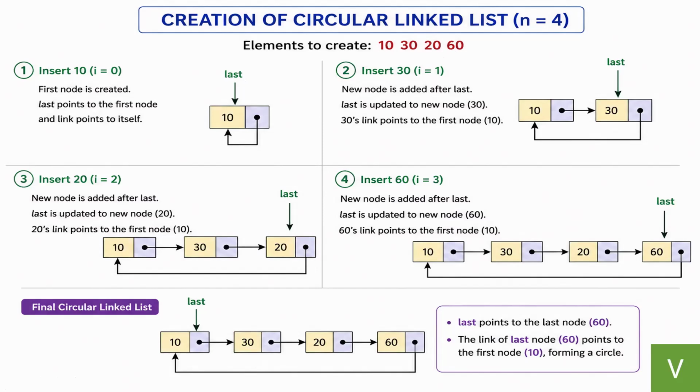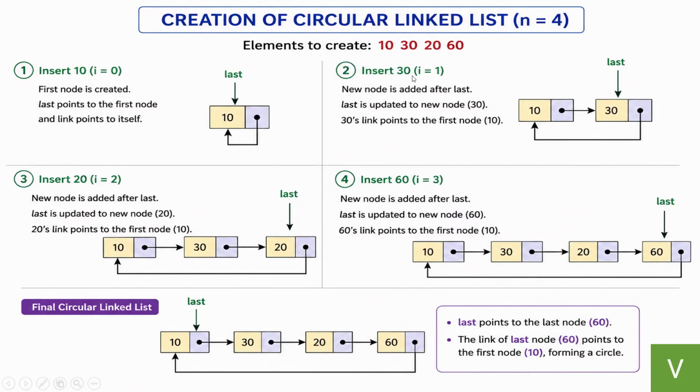So in the first iteration we are inserting 10. Step 1, use malloc. While using malloc, the empty node is created. Step 2, scan the input element, that is, we will scan the 10. And step 3, if last is null, the address will correspond to itself. So these are the 3 steps.